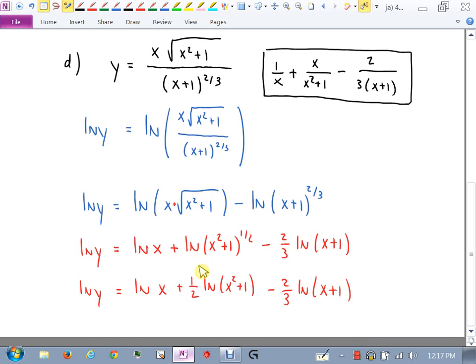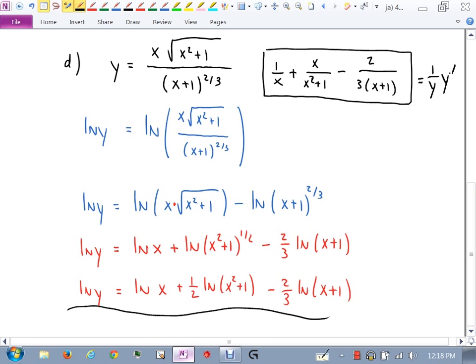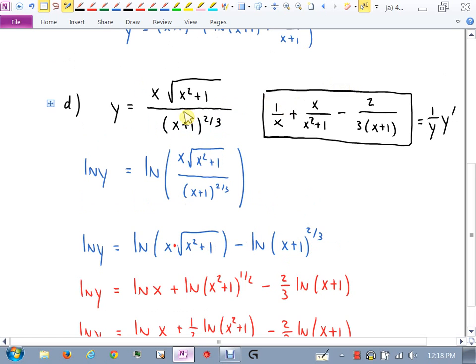All I did was I just brought the 1/2 out. Okay, I haven't done derivative until this line, and I'm missing something also. The derivative of the left side. Right? This was equal to 1 over y prime. So you have to take this and multiply this by what? By y. So your final answer is this multiplied times this nasty thing right here.